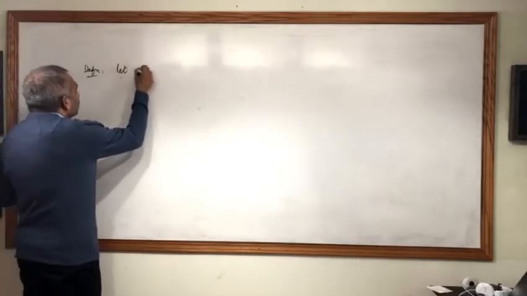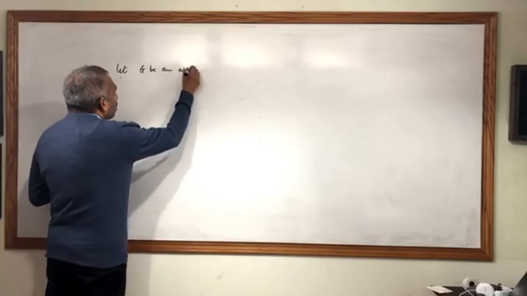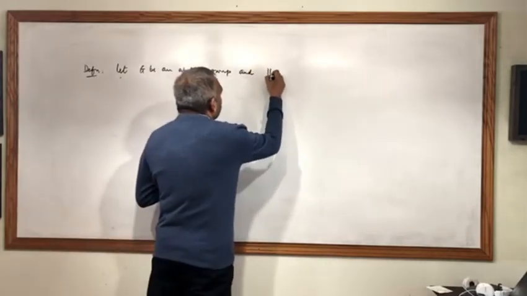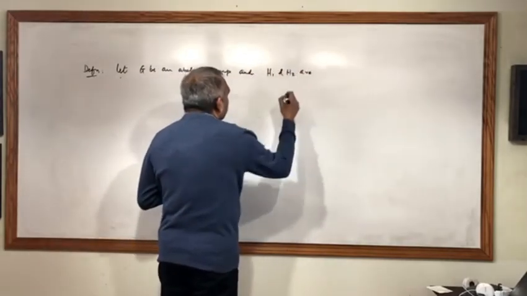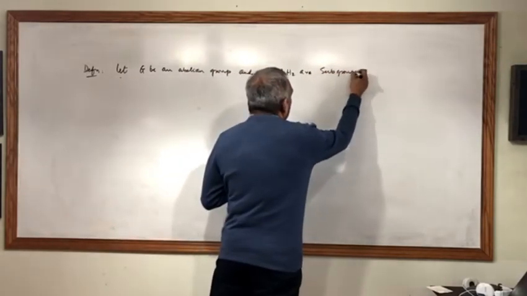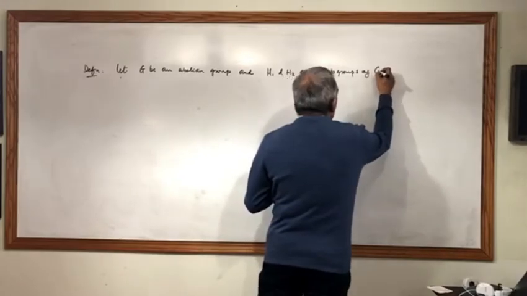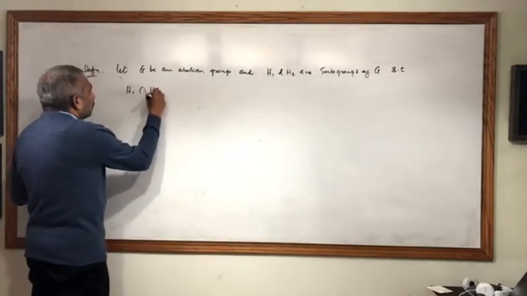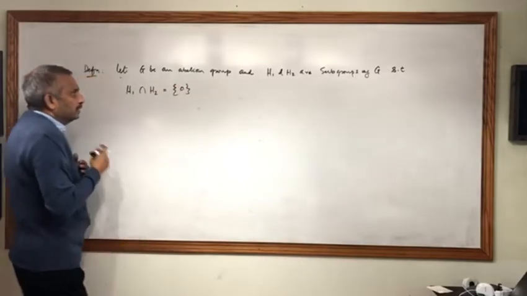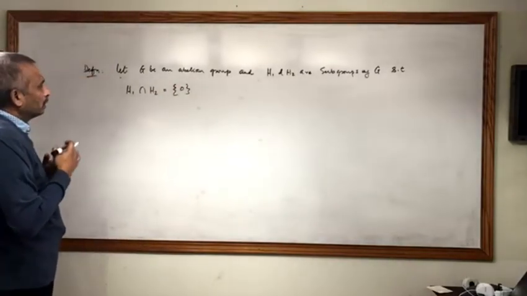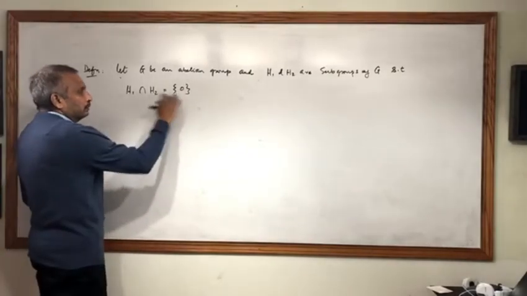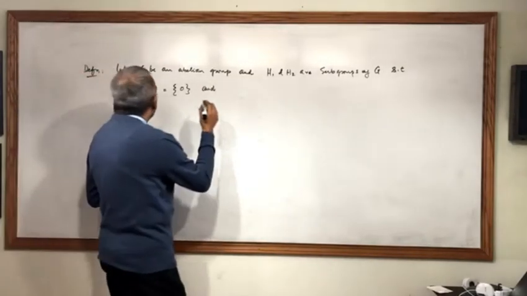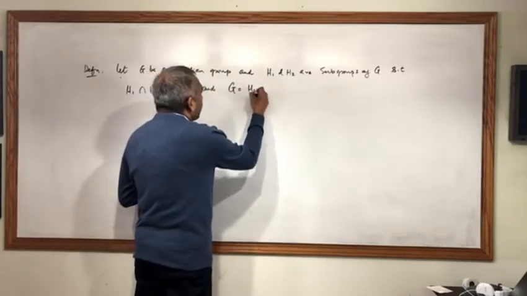Let G be an Abelian group, and H1 and H2 are subgroups of G, such that the intersection of these two groups is the subgroup of just the identity element, and G is equal to H1 plus H2.